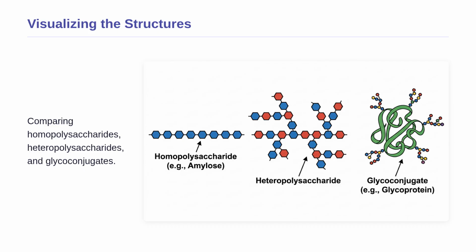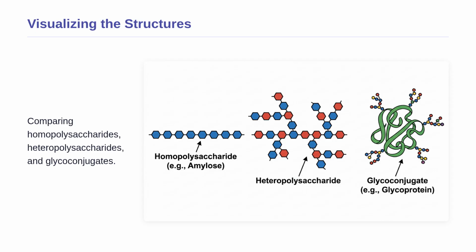Having discussed their functions, let us visualize what these molecules actually look like. On the left side of this diagram, you see a homopolysaccharide. Notice how it is a simple, repeating chain of identical blue hexagons, much like amylose. In the middle, we have a heteropolysaccharide, which features a branched structure made of different colored hexagons, representing different types of sugar monomers.